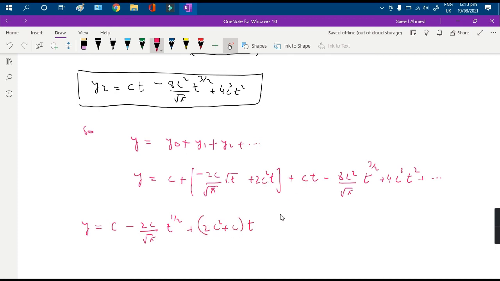I just combined this one and this one, and then we have minus 8c square over square root of pi into t to the power 3 by 2, and then 4c cube into t square and so on. This is the final answer in the form of an infinite series.